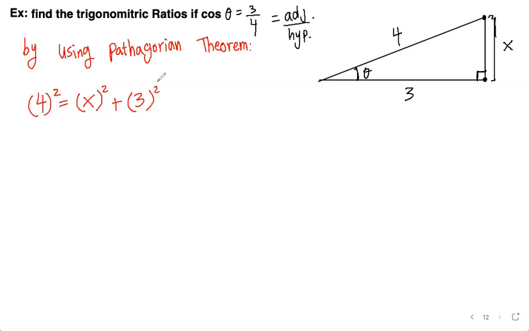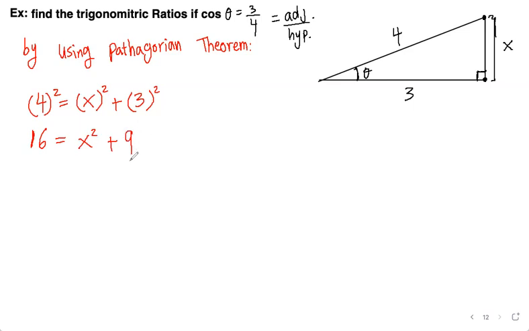Now we have to subtract and simplify to find the value for x. So 4 squared, 4 times 4, is 16, equals x squared plus 9.